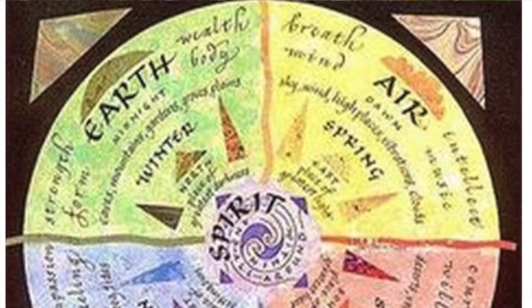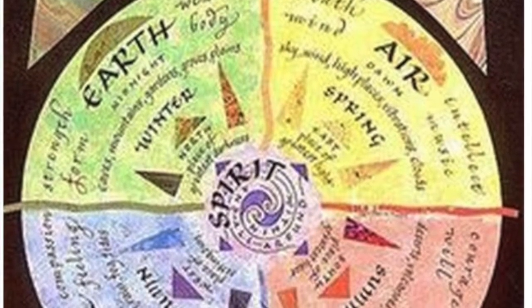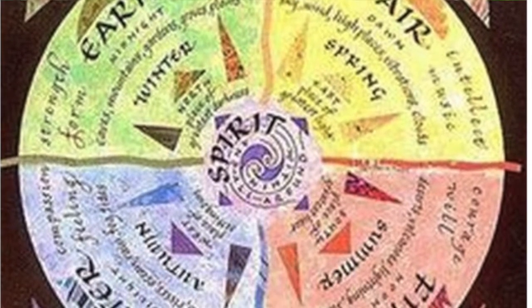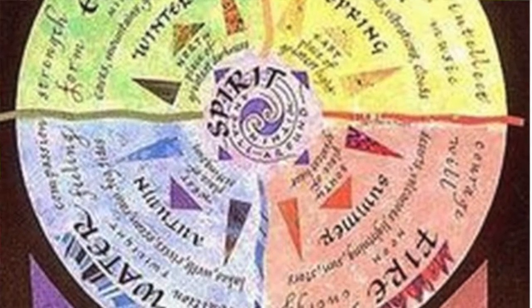A good idea is to incorporate the 4 elements in your altar, and each element represents a different direction. We have the east, which represents the element of air. We have the south, which represents fire. The west represents water, and the north represents earth. So you can place different items that represent each of these elements in these directions.